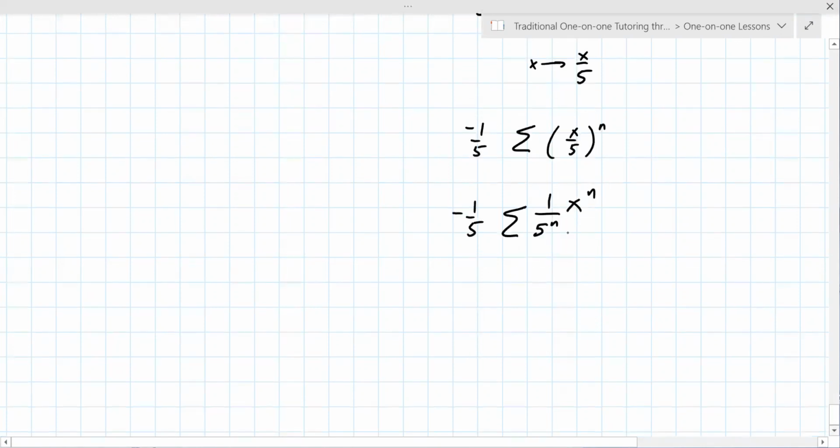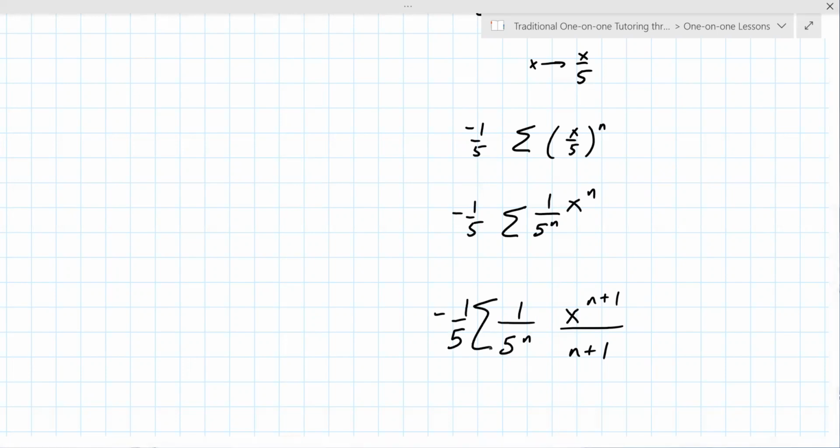So you're really just integrating this. It's x to the n plus 1 over n plus 1, and then you have this 1 over 5 to the n, and then minus 1 over 5. You still have this sigma here. So don't overcomplicate it. You're still only integrating with respect to x, not n.